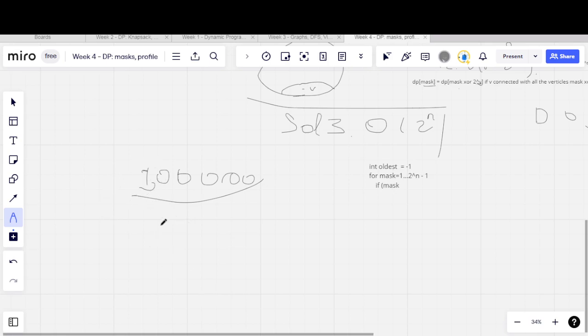How to do this? We just decrement this number, and we AND this to this and get an answer.